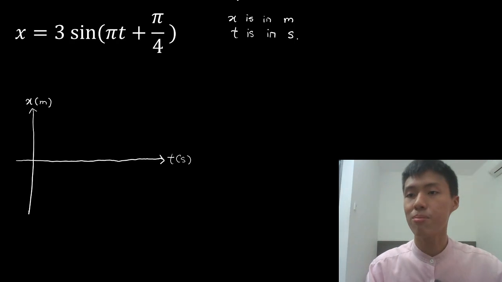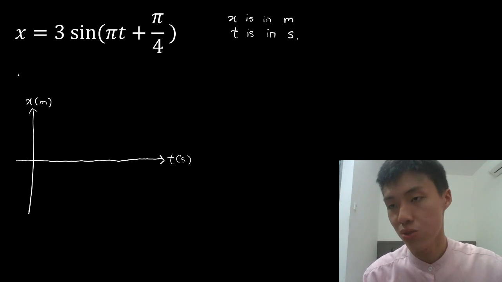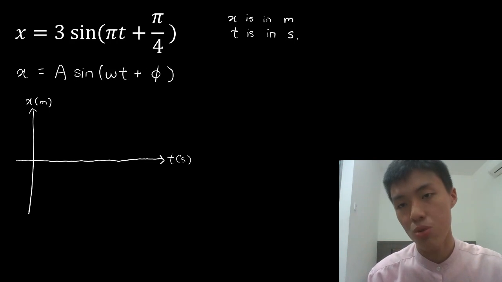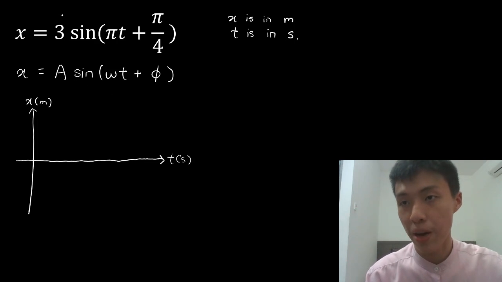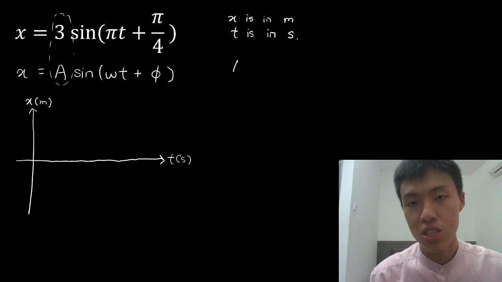So let's start then by extracting information from the equation itself. We compare it with the general equation, the formula for this equation: x equals A sine omega t plus phi. This is the general equation. By comparing it, we can see that the amplitude is equal to 3 meter.